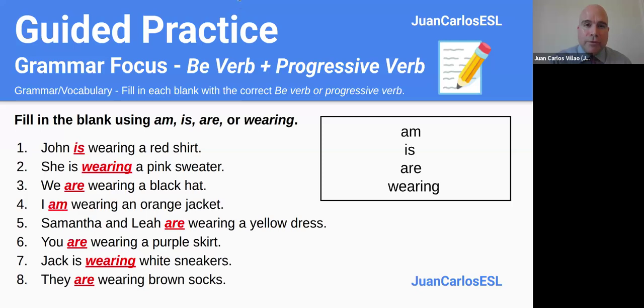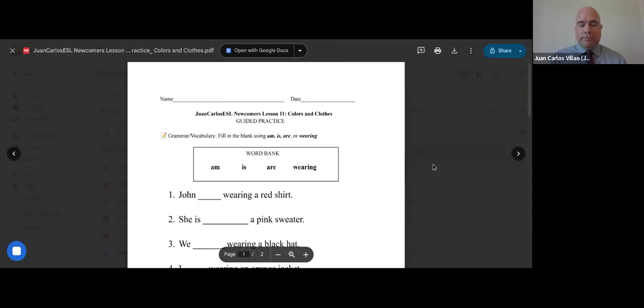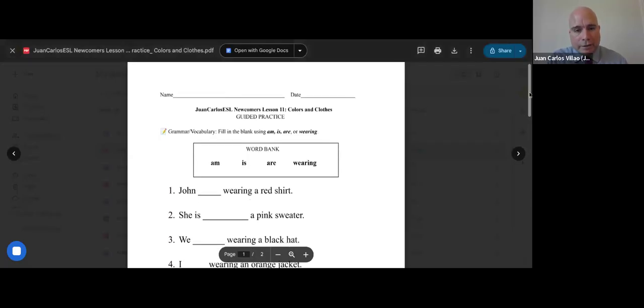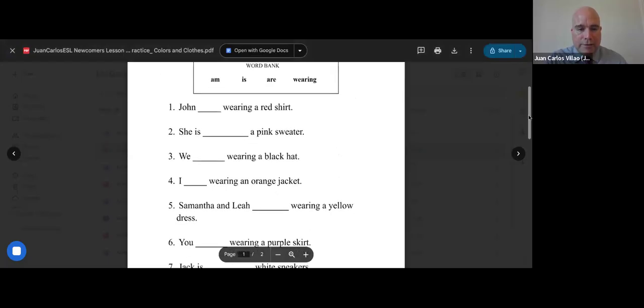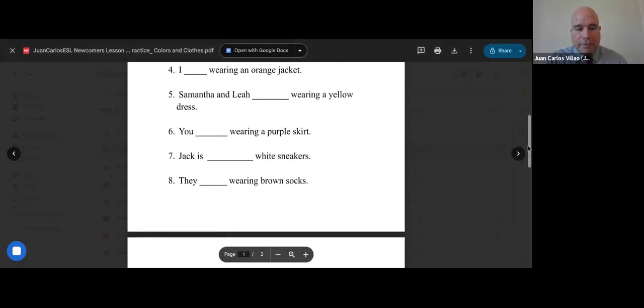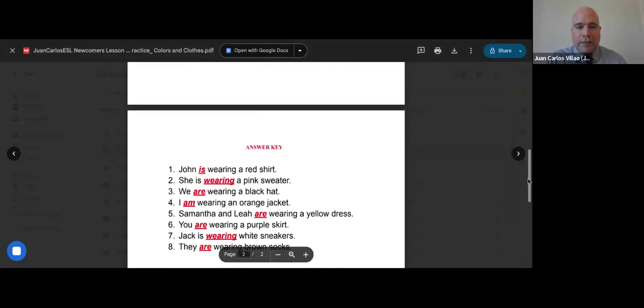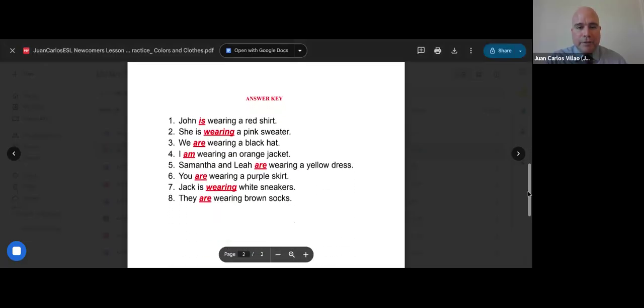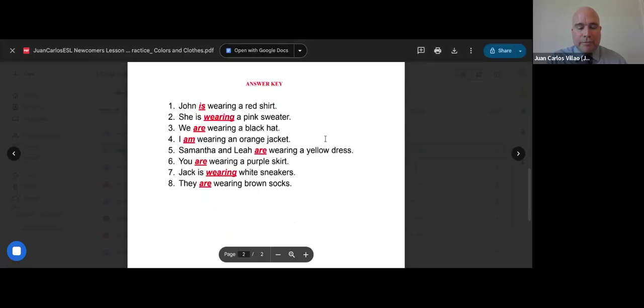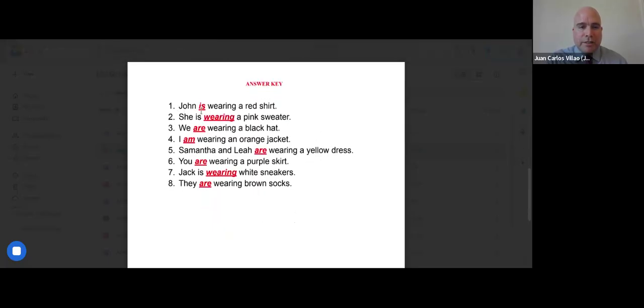Just to share with you one more time, going back to the guided practice exercise, the PDF version, you can see the guided practice. These are the 8 sentences that we just went over, and it also includes the answer key. So let's read it one more time here in the PDF version. John is wearing a red shirt. She is wearing a pink sweater. We are wearing a black hat.